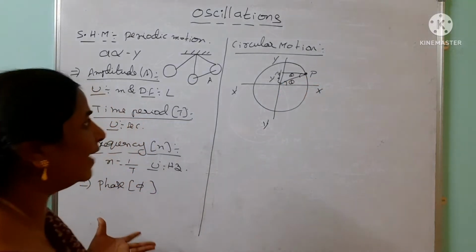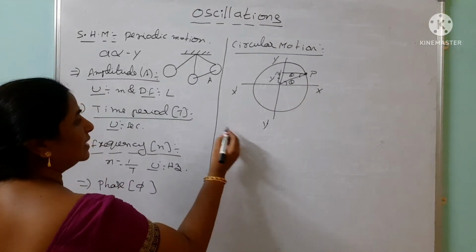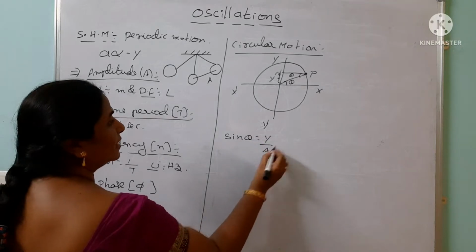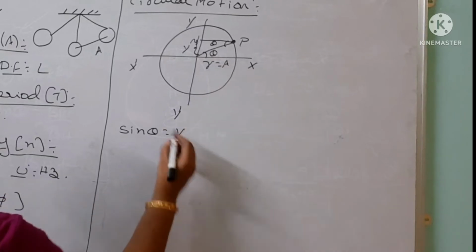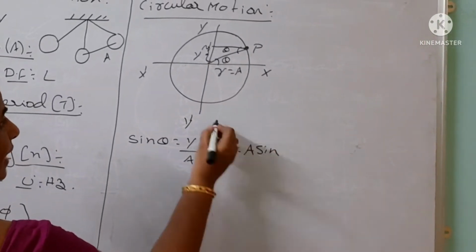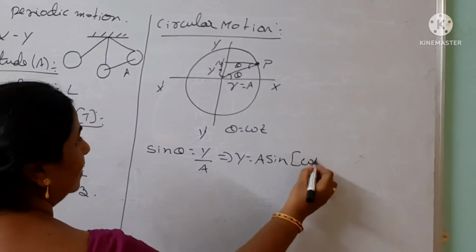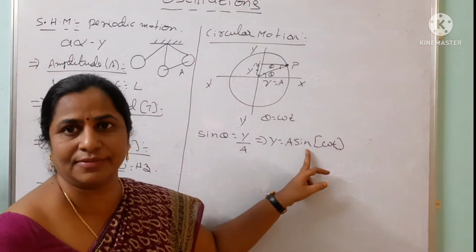To find the displacement we use sine theta. So sine theta equals y by a. The maximum displacement is the radius r equals a. So y equals a sine theta. Angular displacement is angular velocity into time, so instead of theta we write omega t. This is the displacement.